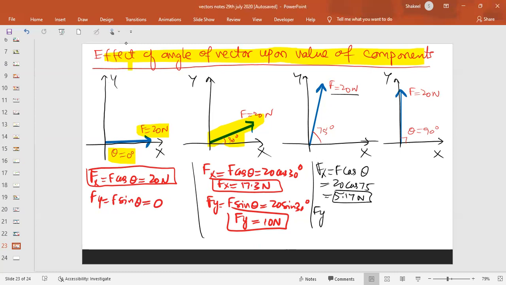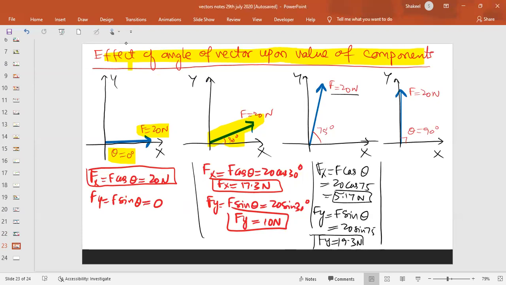And for Fy, that is F sine theta, that is 20 sine 75, which gives you a value of 19.3. So Fy is 19.3 Newton.